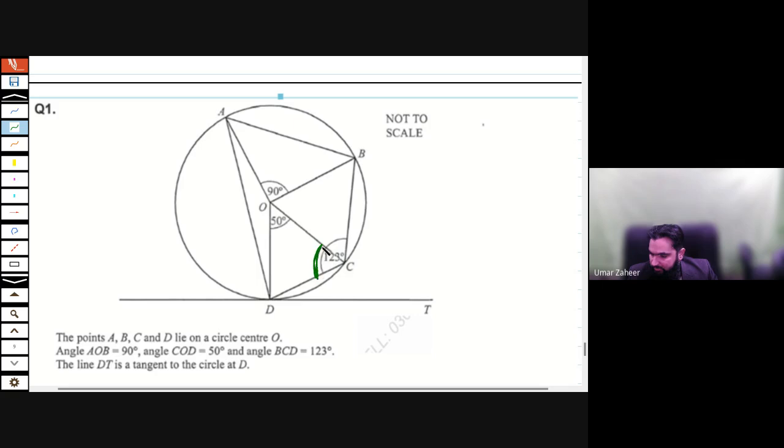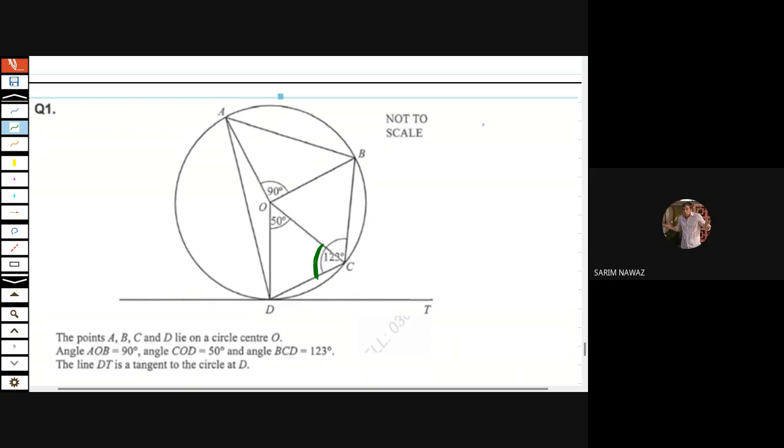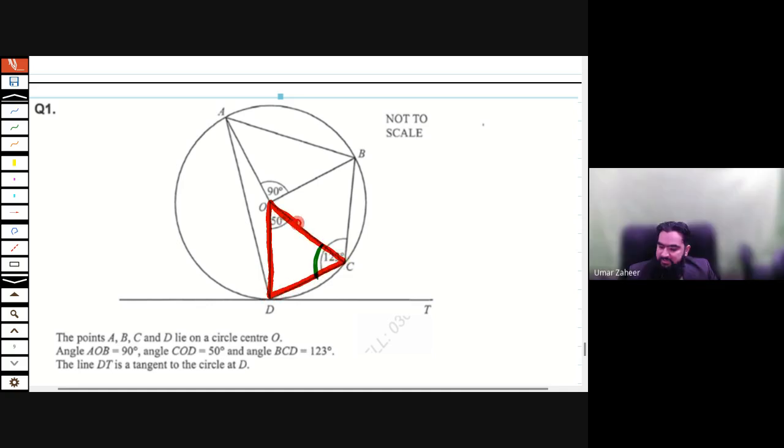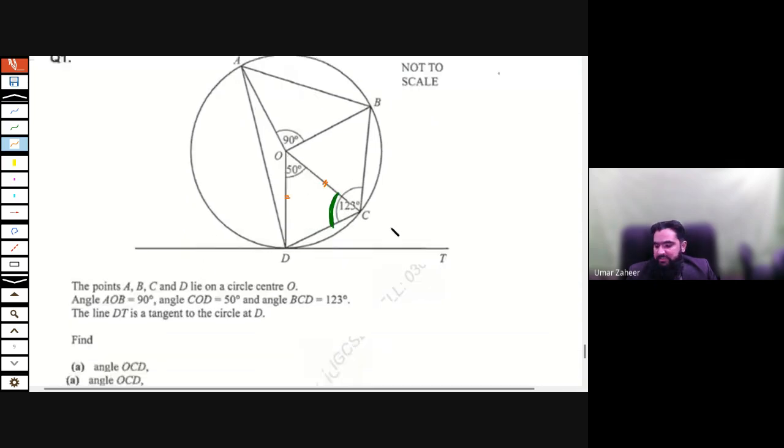Yes, anyone? Can you please tell me how we can find this one? We have to find this highlighted angle. Sir, angle D and angle C in the triangle DOC are the same because they are both radii. Yes, it is an isosceles triangle. These two sides are exactly equal, so the angles are equal as well.